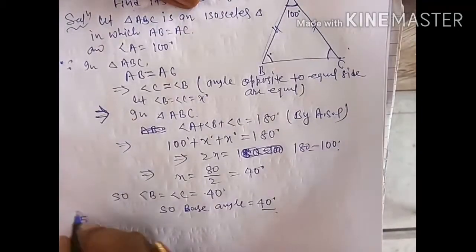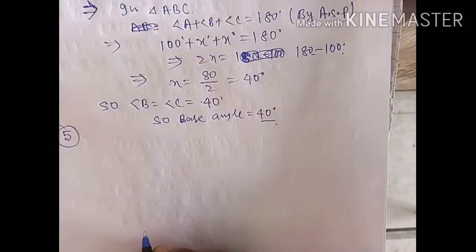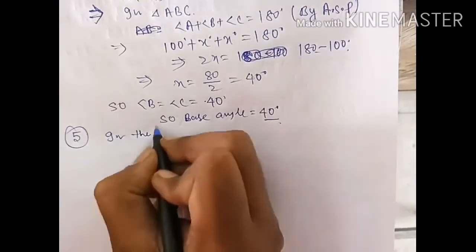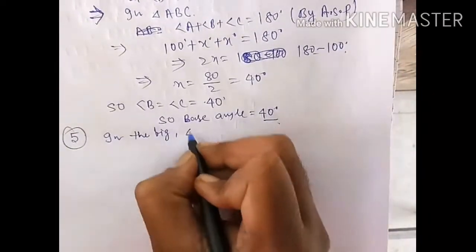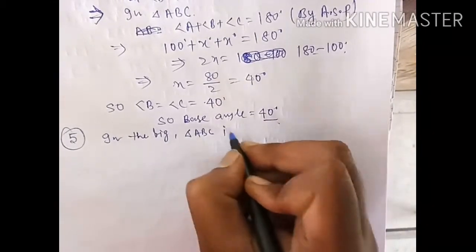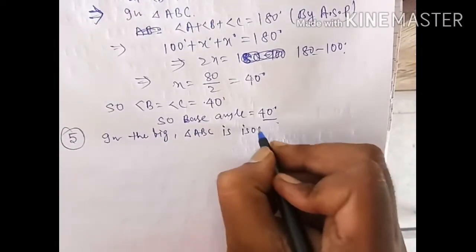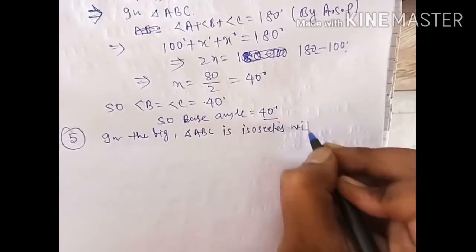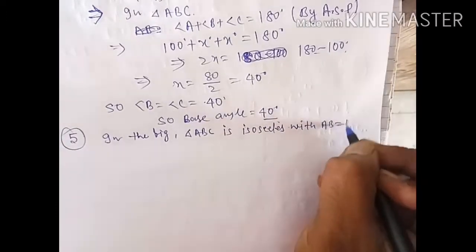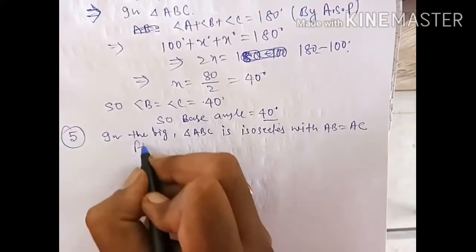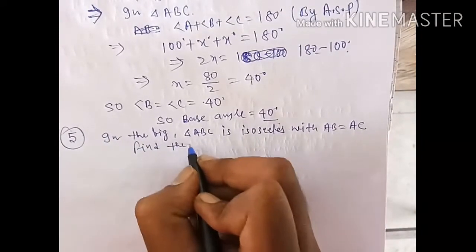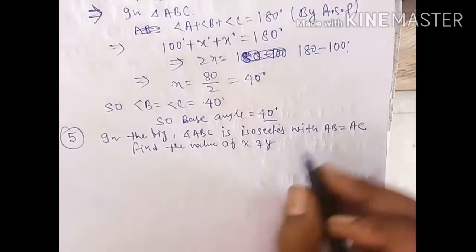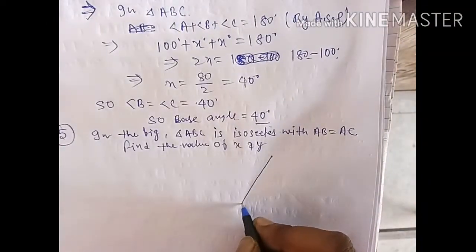Now question number 5. In question number 5, in the figure, triangle ABC is isosceles with AB is equal to AC. Find the value of X and Y. We make a triangle ABC.